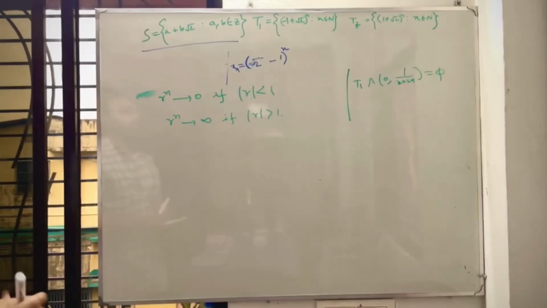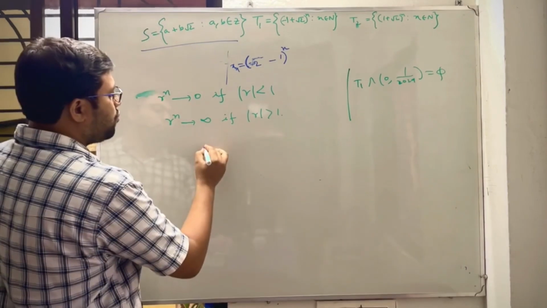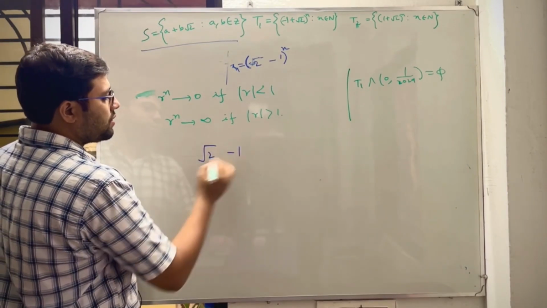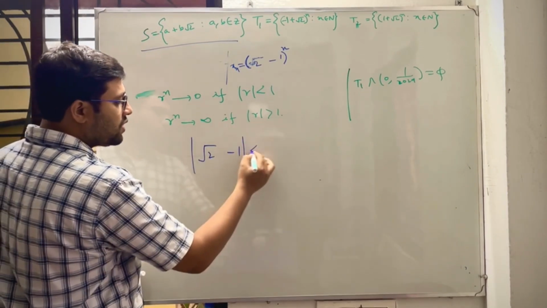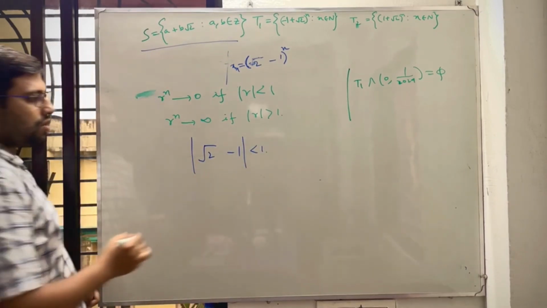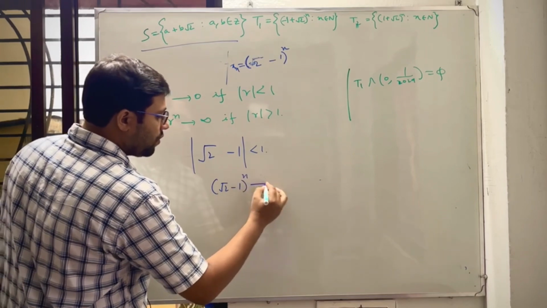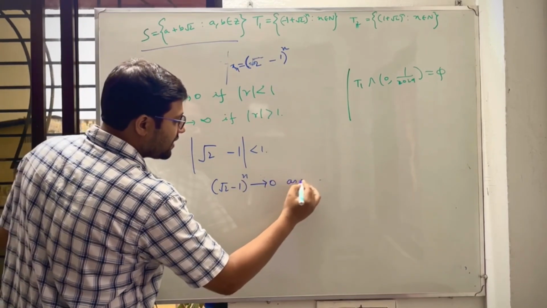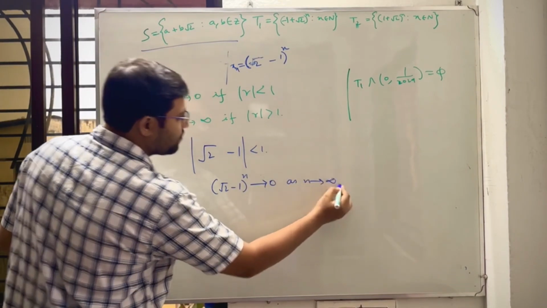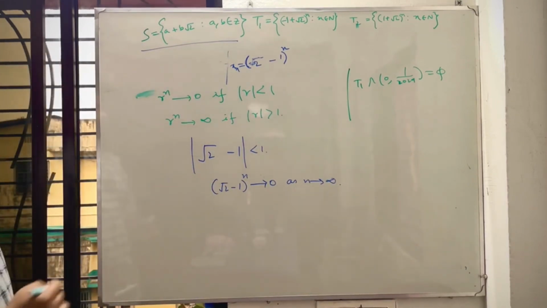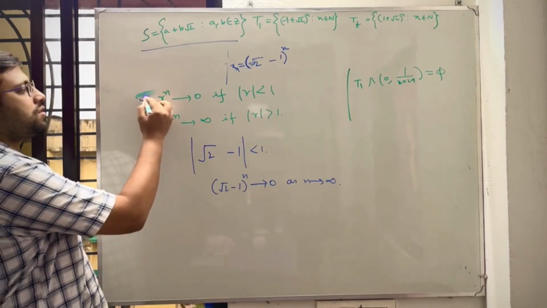Now look, root 2 minus 1, its modulus is always less than 1. So (root 2 minus 1) to the power n will converge to 0 as n tends to infinity. So we can say this from this theory.